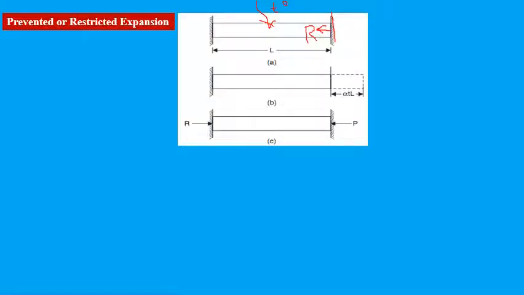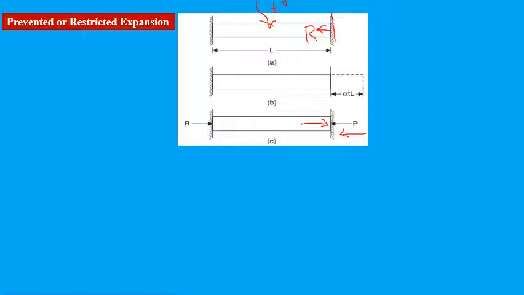Therefore stresses will be induced in this kind of material. If it is not restricted at one end, it is free to expand by the amount alpha into T into L. In order to avoid this expansion, we need to apply the compressive load, and there is always a resistance force which acts in the opposite direction.